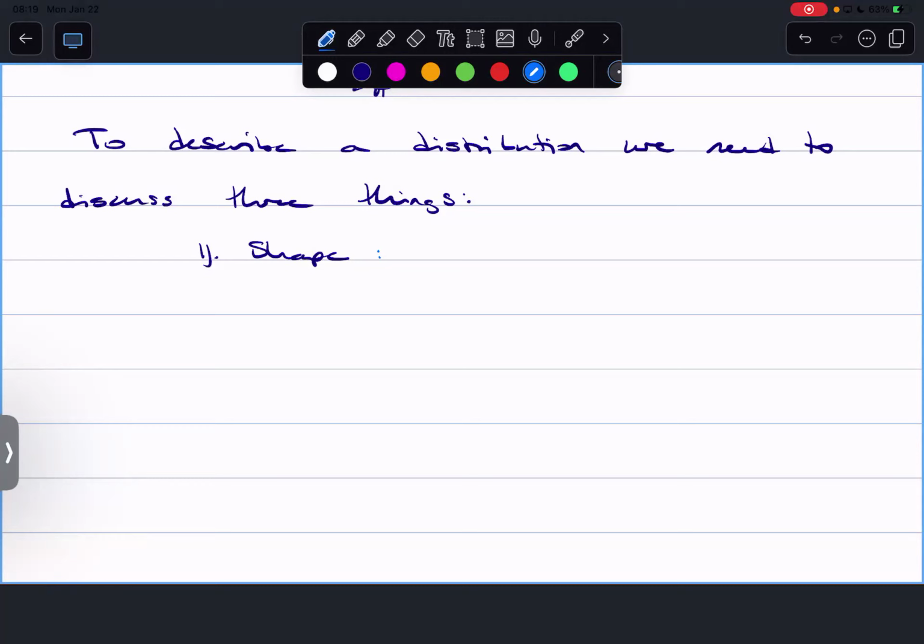I'd love it if we could specify skewed to the left, skewed to the right, that's the chapter 2 stuff. But in general, we're just going to lump them into normal versus non-normal.